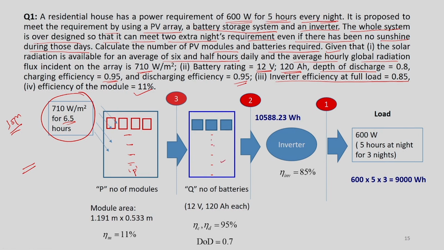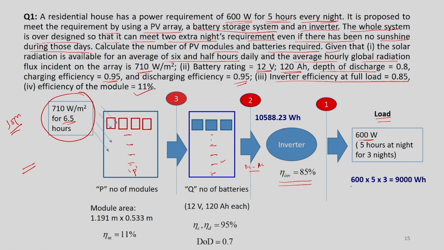The number of batteries we need to find out, and then we need to convert this DC current to AC by using this inverter. The inverter has got an efficiency of 85%, and then the load is given, 600 watt, 5 hours per day for 3 nights.